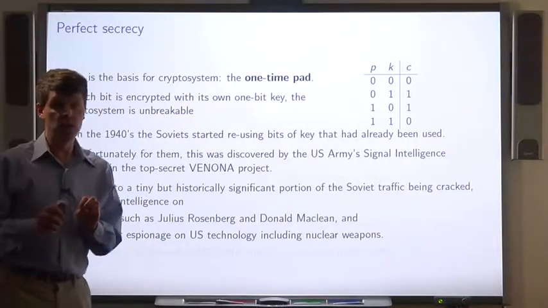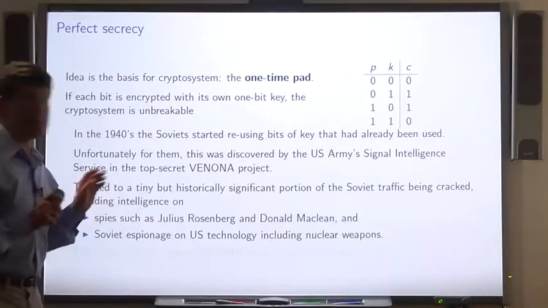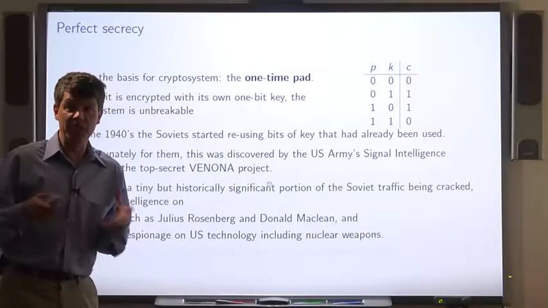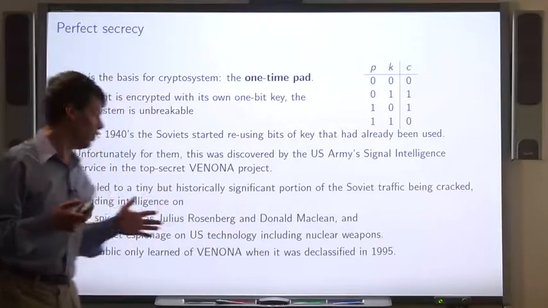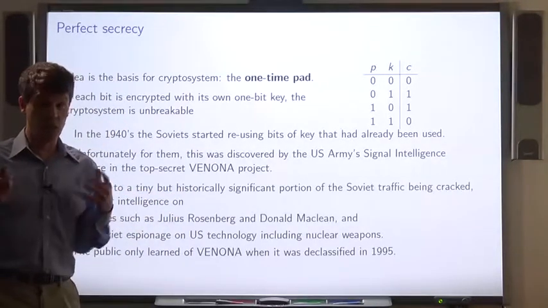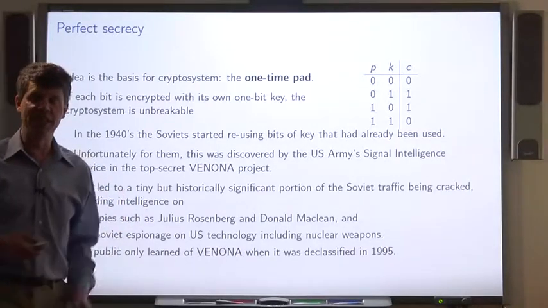This led to some very important intelligence, including information about the Soviet espionage on nuclear weapons. And we only learned about this in 1995 when information on this project, the Venona project, was declassified.